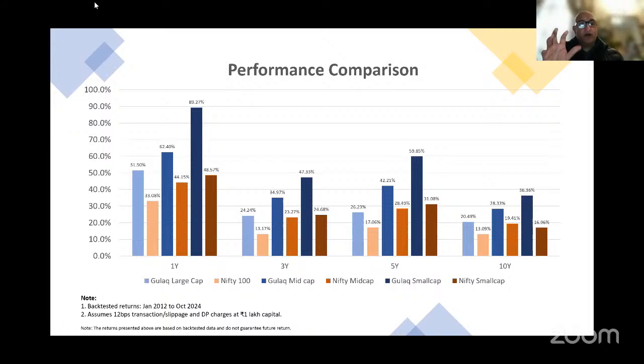If you look at the brownish shades, light brown, medium brown, and dark brown, they are the respective benchmarks. So the gap between the blue and the brown lines represents how much alpha we were able to produce over the benchmark, and the relative size of the bars represents that. As you go from large to medium to small cap, the return expectation goes up, and the historical performance also indicates that the return has been going up.